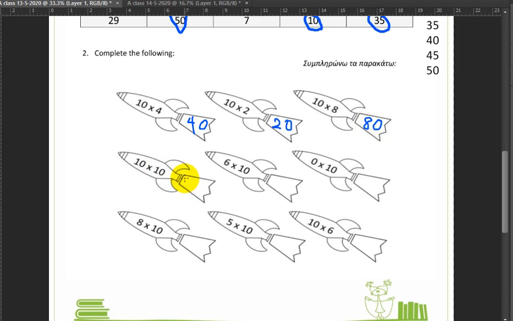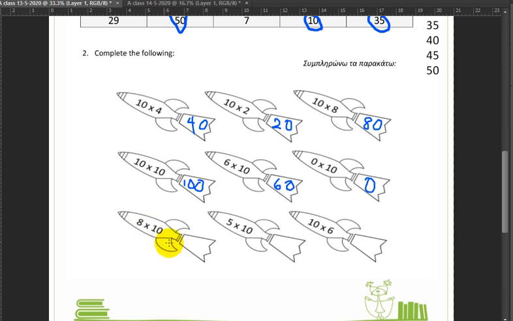Here I'm multiplying 10 with 10, so my result is going to be 100. Here I am multiplying 10 with 6, so my result is going to be 60. Here I'm multiplying 10 with 0, and we said that any multiplication with 0 in it always makes 0.